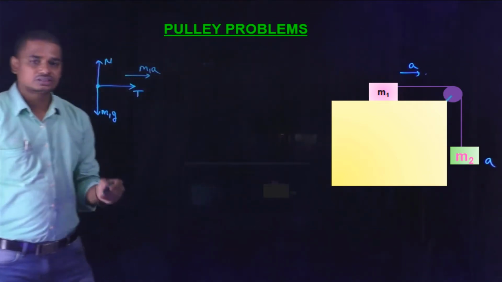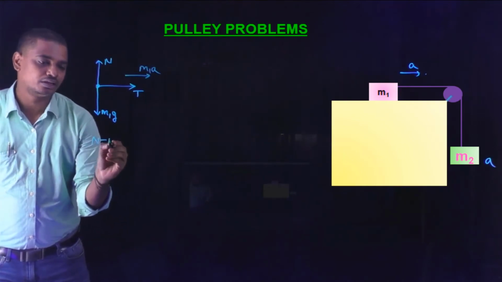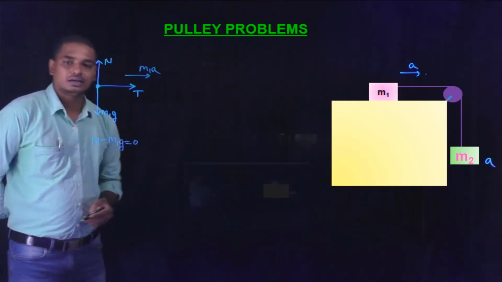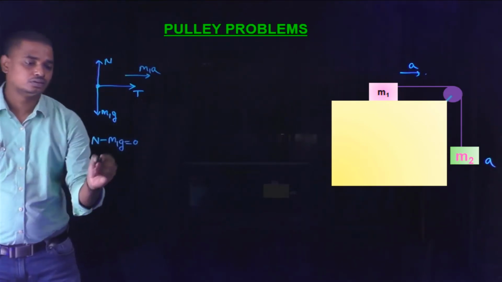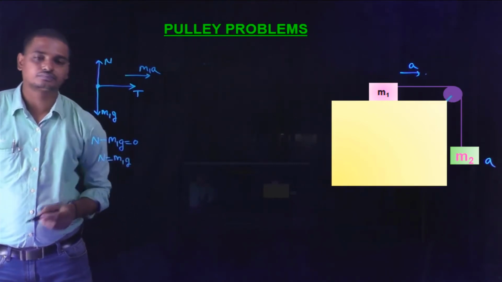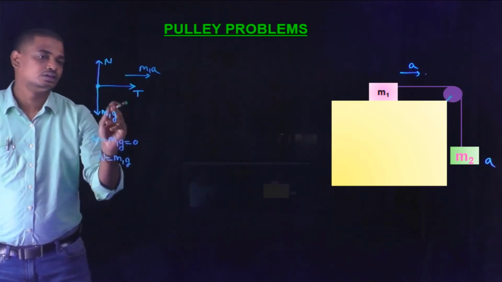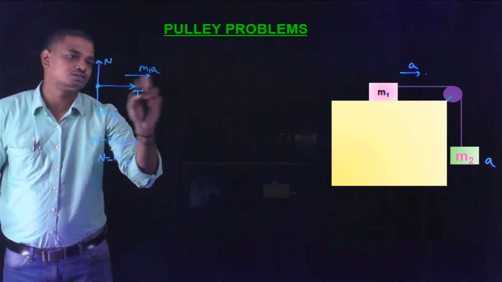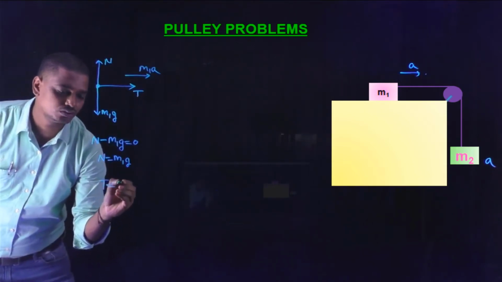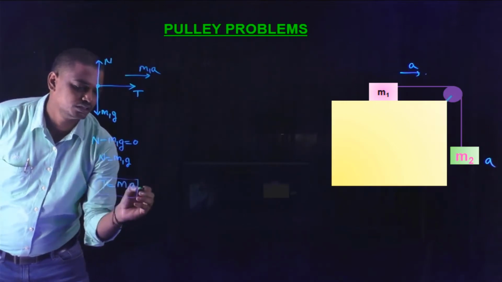The equation along the vertical direction is n minus m1g is equal to 0, as along the vertical direction there is no net resultant force, so n is equal to m1g. Along the horizontal direction, only the tension in the string causes the motion of the body, so tension T is equal to m1a, let it be equation 1.